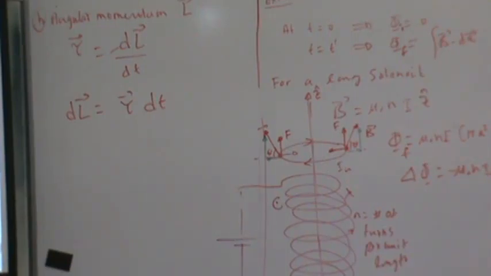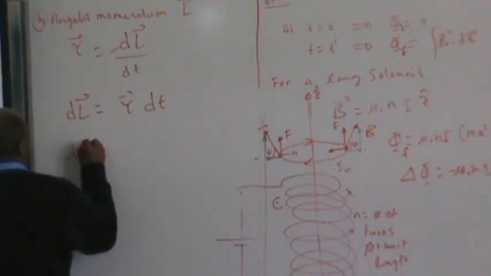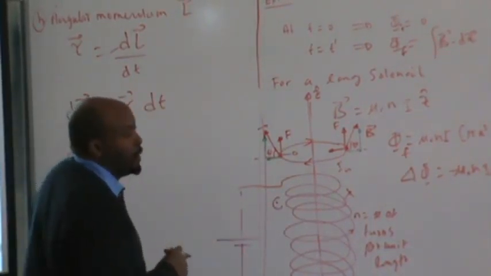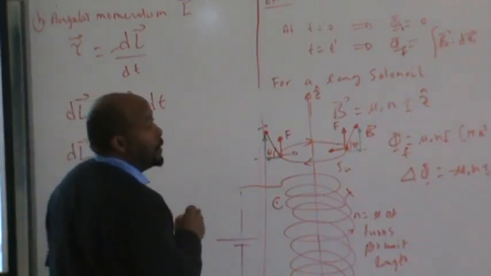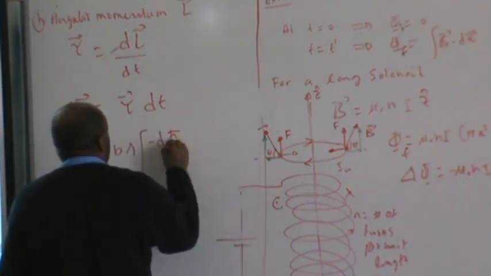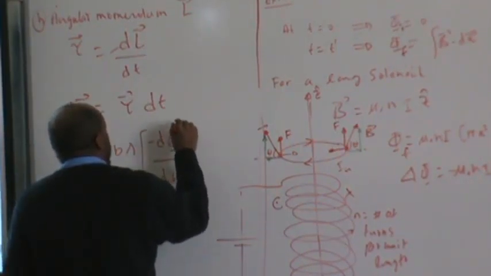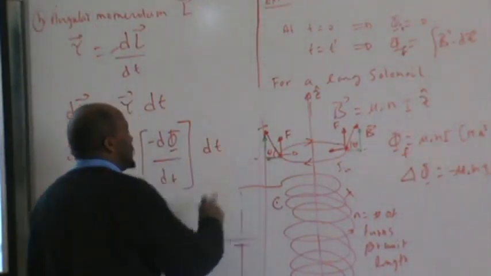So if I substitute that, dL is going to be b lambda minus of d phi by dt times dt.